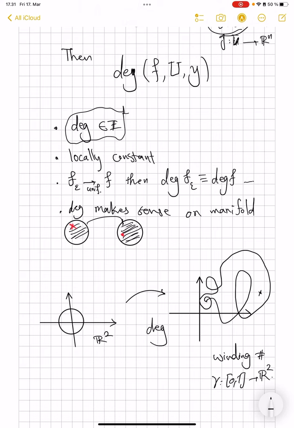So try proving this: find some resource where degree is defined. Take your favorite definition of degree and your favorite definition of winding number. For example, in complex analysis, it's through the line integral of 1 over z minus w, which defines the degree at w. Then you also divide by 2 pi i.